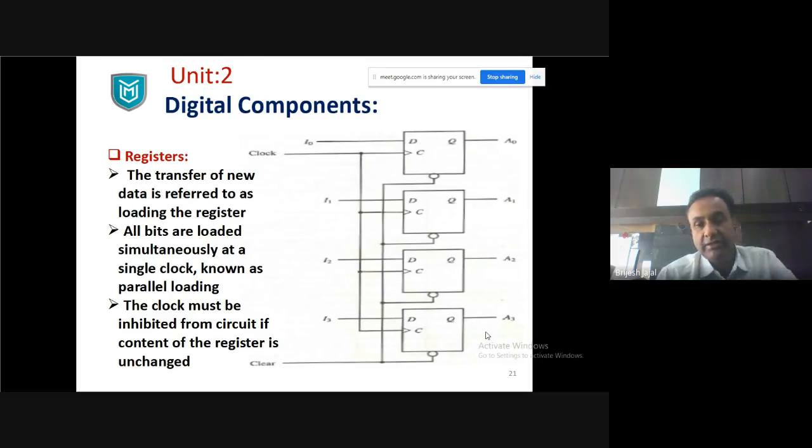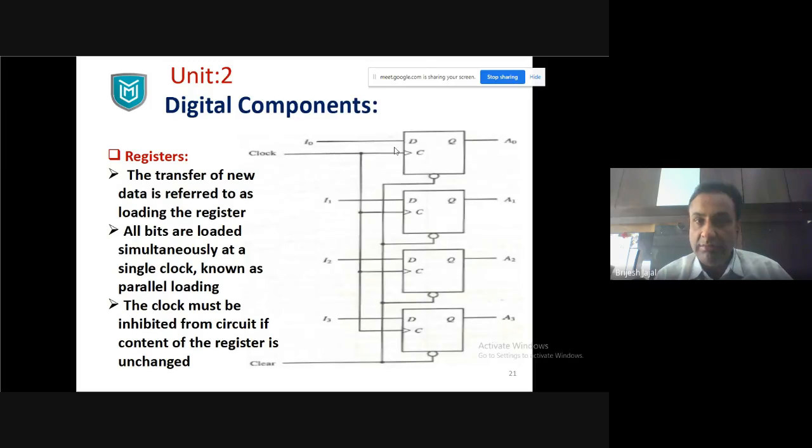Most electronic circuits have a clear button or reset button. So everything becomes 0. It is provided externally to the user. You want to make everything 0, you start the circuit from scratch. So that's why we give this clear button. This is an extra feature.